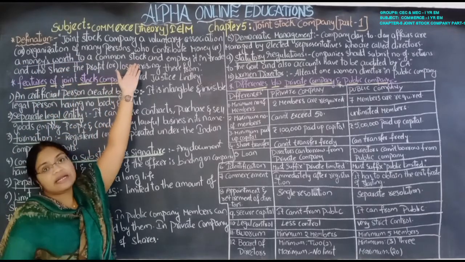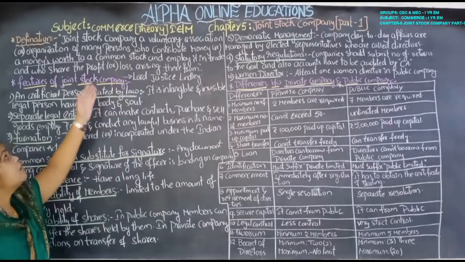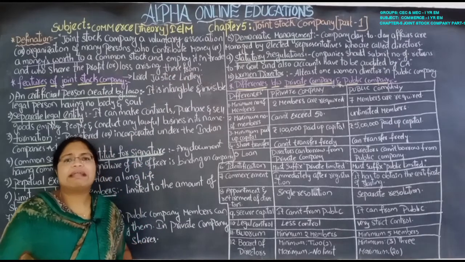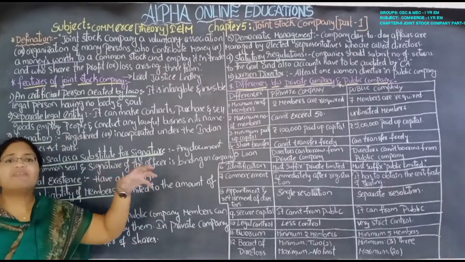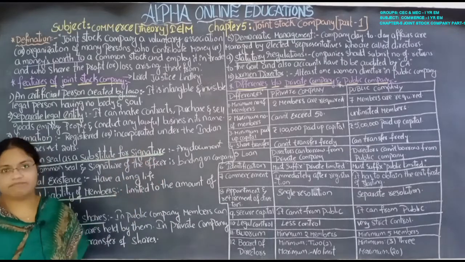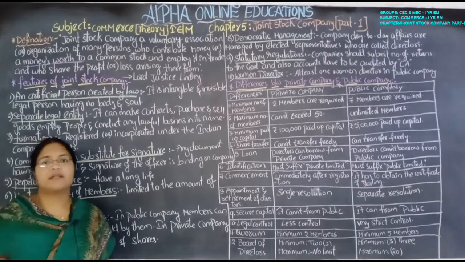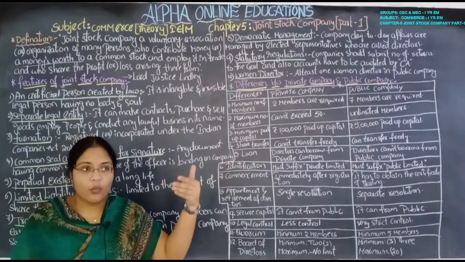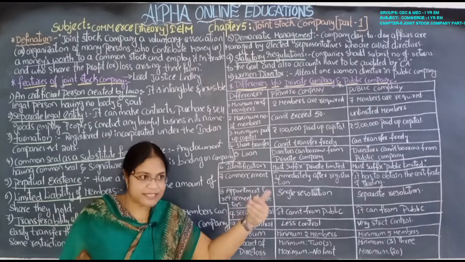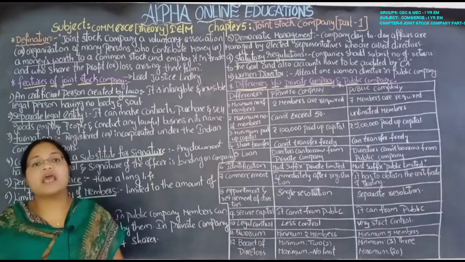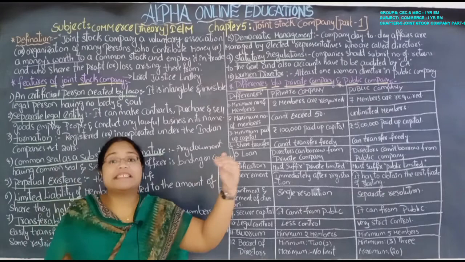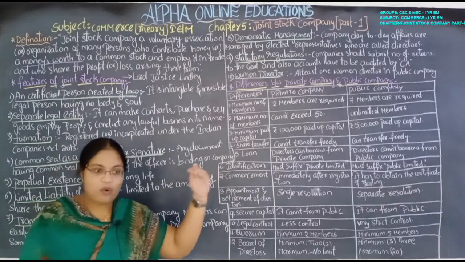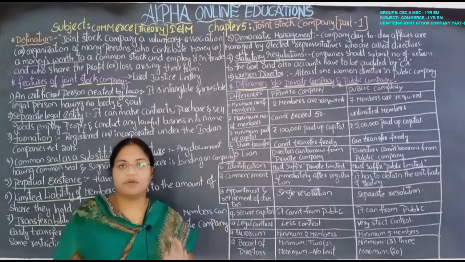They purchase common stock, that is, shares, and employ it in the trade. Employ it in the trade means in the stock market. What is this stock market? Just as we have a vegetable market to purchase vegetables, in the same way we have a stock market to purchase shares.